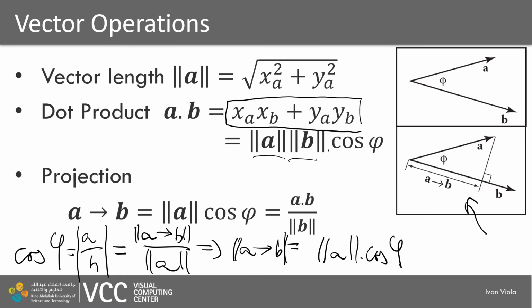Now, we can also express it by the dot product, because the cosine phi is equal to the dot product A times B divided by the magnitude of the vector B multiplied by the magnitude of the vector A. So as we have already here the magnitude of the vector A, we can just simply say that this equals the dot product of A and B divided by the magnitude of B, because the A here has been cancelled out in the denominator by the A standing outside the cosine phi.